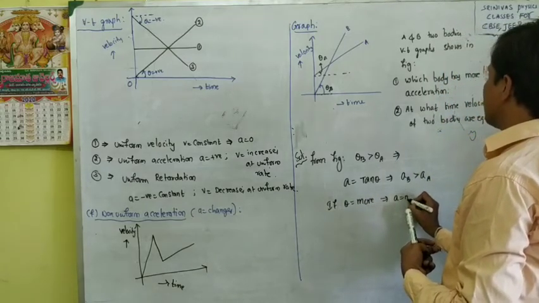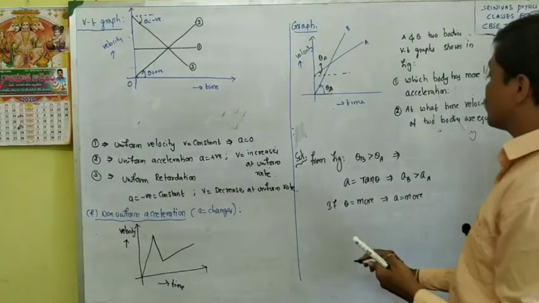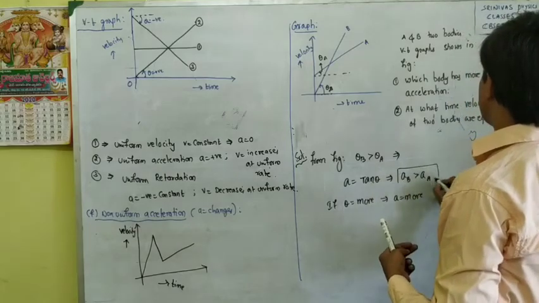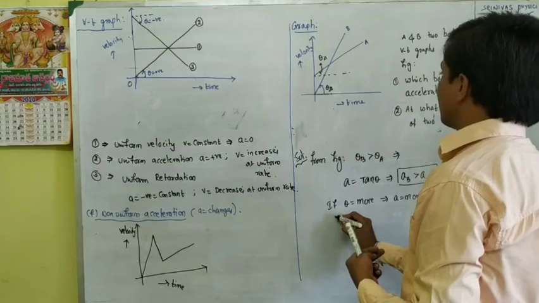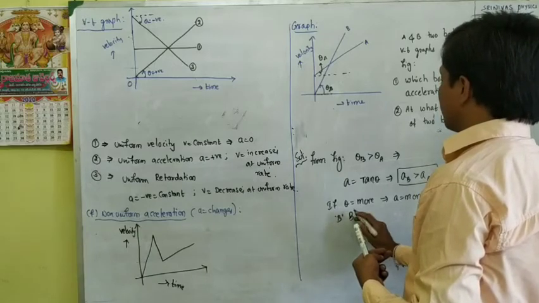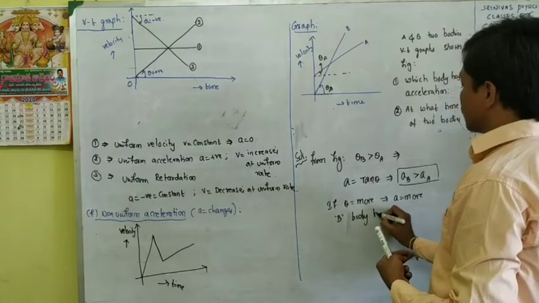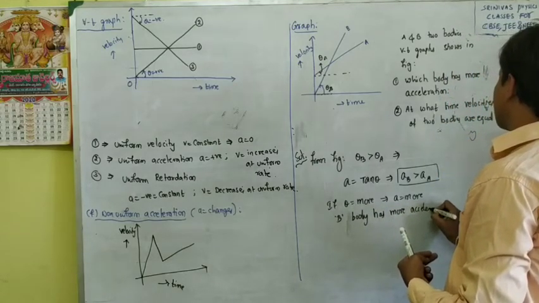This is the first question completed. Which body has more acceleration? Body B has more acceleration.